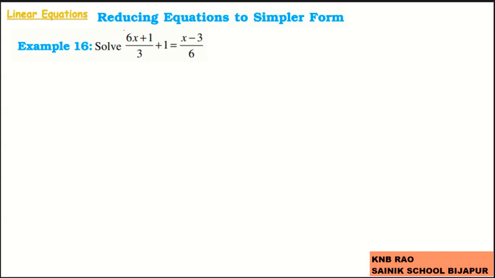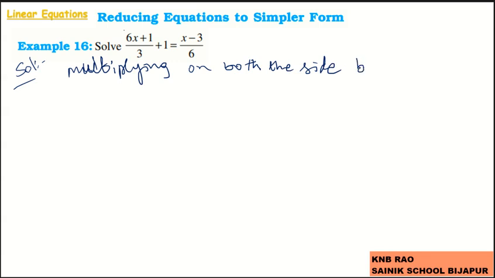See, let us have both the sides of the equation some fraction, and if you want to remove that fraction, we have already learnt we need to multiply both the sides by LCM of those denominators.